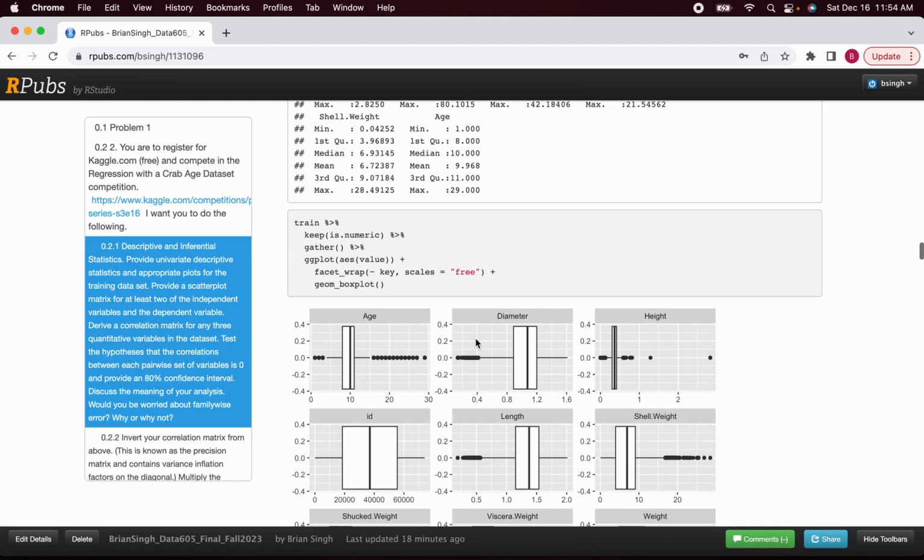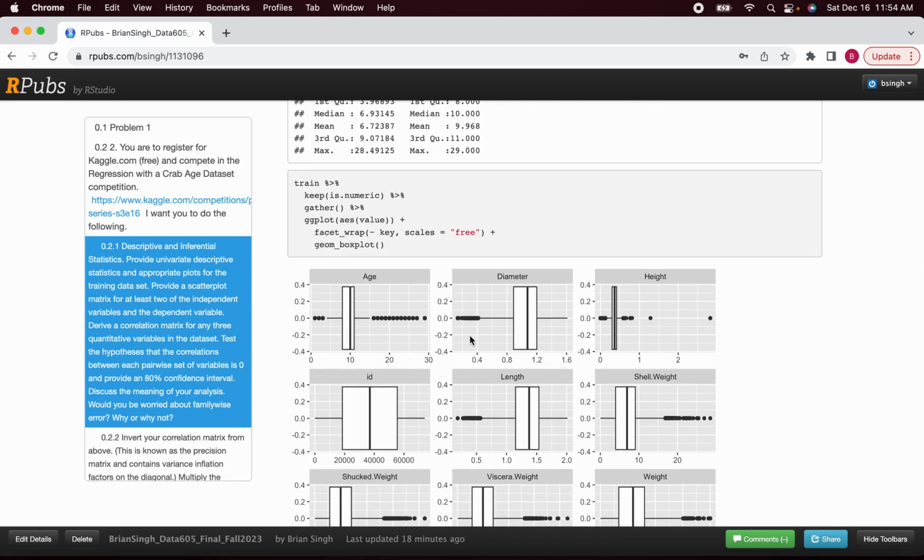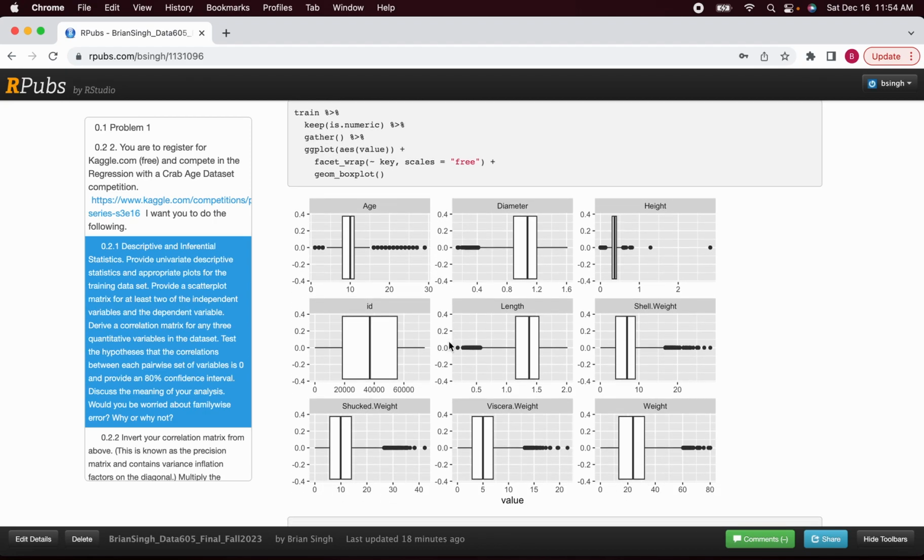So going through some plots, looking at some box plots, we can see the distribution is centered around 10 for age, with some outliers to the right here. And again, height has a definitely large outlier here.